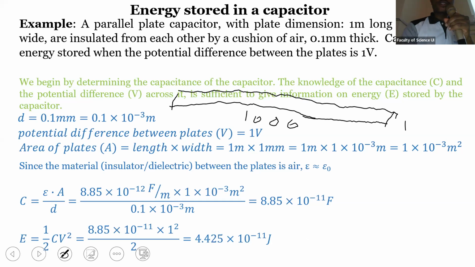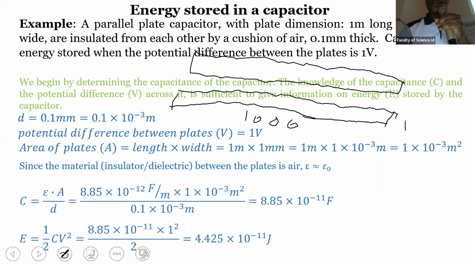There are 2 of these plates, another one up here with the same dimensions, 1,000 millimeter by 1 millimeter. It's easy for you to calculate their area, but I advise you work in meters and not in millimeters. When you calculate the area in meter squared, you have the area A.